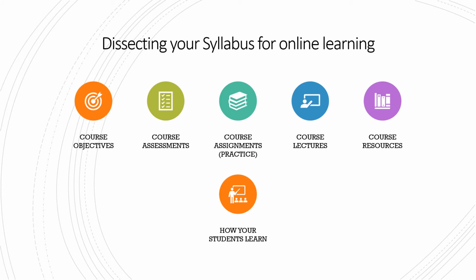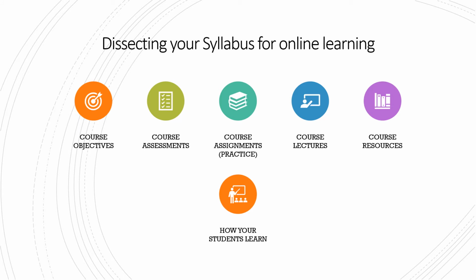So after pulling out the course assignments, then pull out all of your course lectures. So typically what I do is I look at what are all of the topics that need to be covered, and for each topic, about how much time do I use to lecture on that topic. So I know that there's some of my topics that are harder for students to be able to conceptualize and be able to get, and so I have more time built into my course to be able to lecture on those kinds of topics.